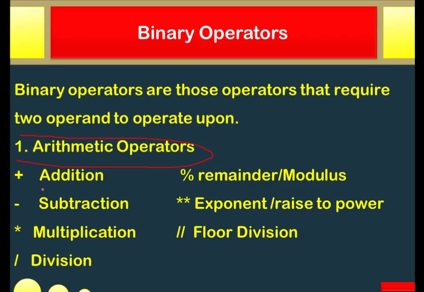Many arithmetic operators are there, which you are already aware of: addition, subtraction, multiplication, division, which gives you the quotient, and modulus, which gives you the remainder. Then exponent, which is raised to power. And floor division, which gives the whole part of the result while the decimal or fractional part is truncated. That is unlike float division.